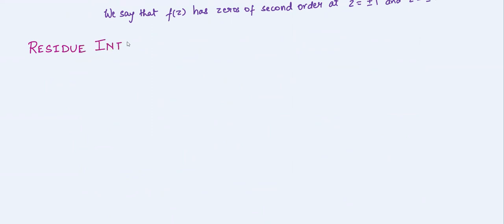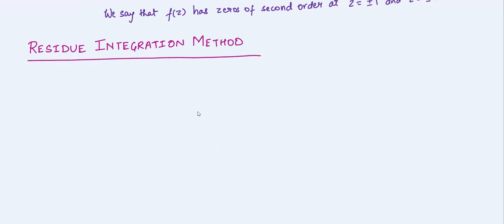We have to explain residue integration method. So consider I is equal to the closed contour integral over path C of f of z dz.